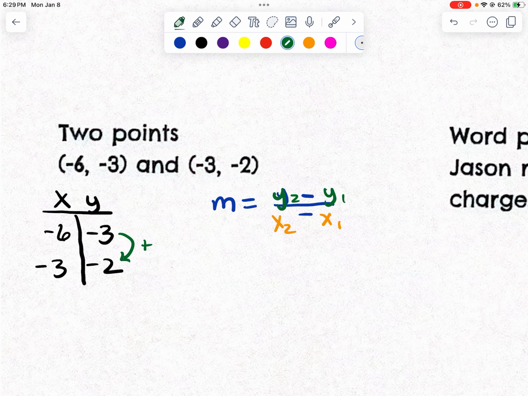This goes up 1, this goes up 3. And so I would have gotten m equals 1/3. Or I could plug it in.